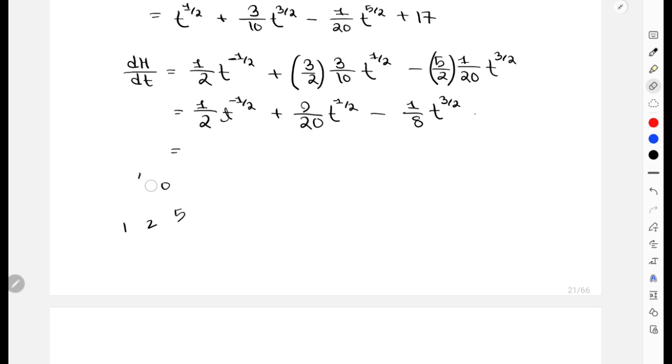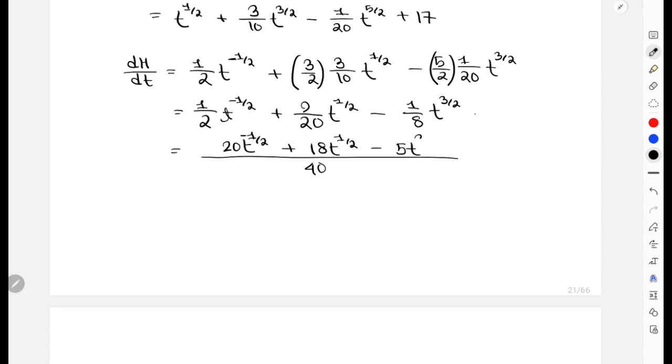In that case, we can write this as 40 t power half: 40 by 2 is 20 t power negative half, then 40 by 20 gives 18 t power half, and 40 by 8 is 5 t power 3 by 2.